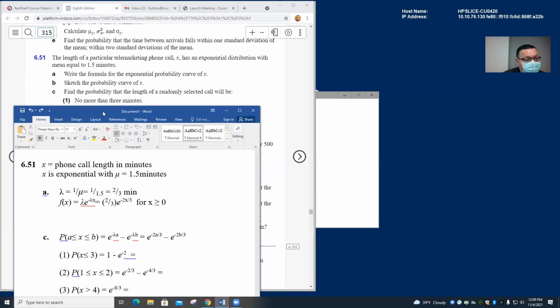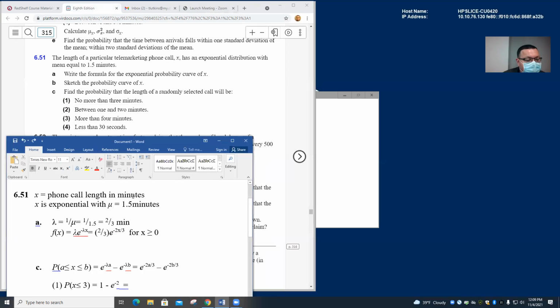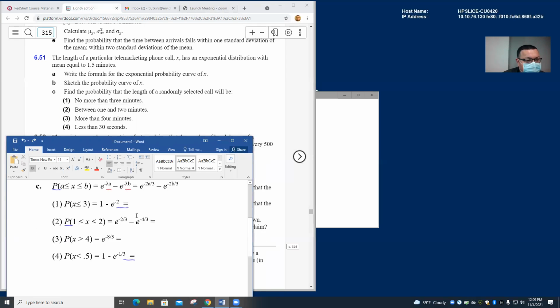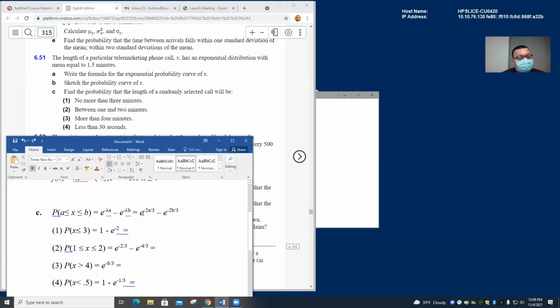So the formula part was pretty easy. And then for part C, we have a couple different ones to figure out: no more than 3 minutes, between 1 and 2 minutes, more than 4 minutes, and less than 30 seconds.